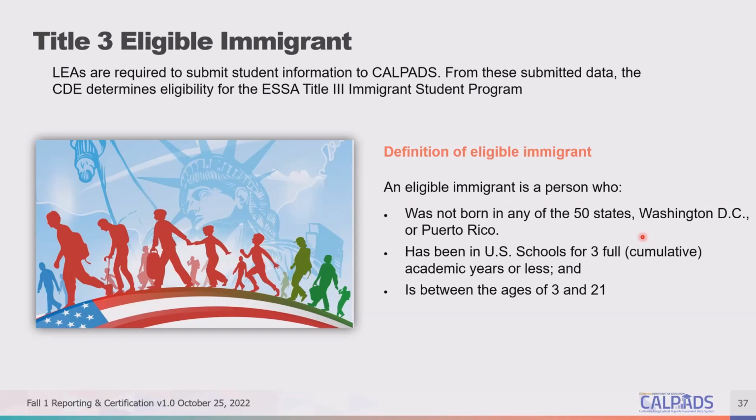Since they were born out of the US, the city of birth could be Yokohama or Okinawa or Guam, then of course they are automatically considered as foreign born, and if you flag them as yes here, they are automatically considered as Title III eligible immigrant.